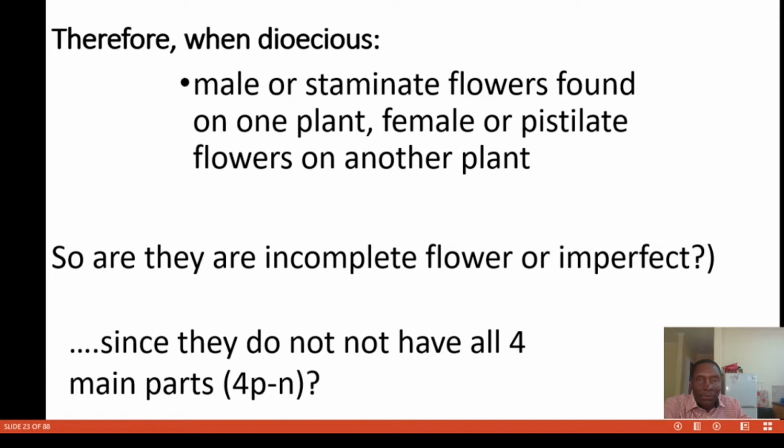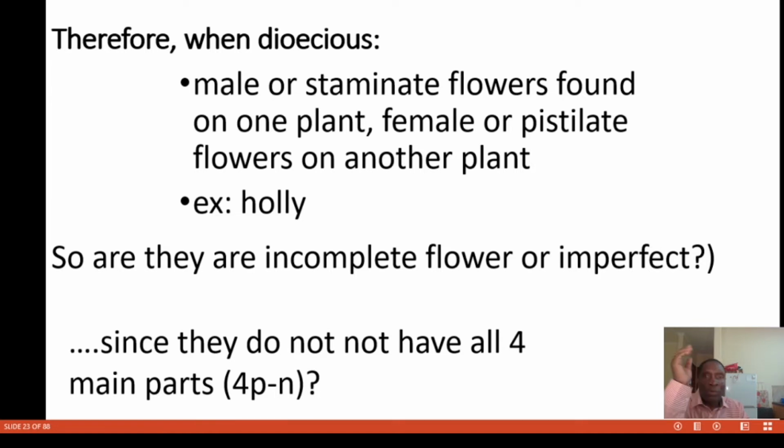But we are dealing with plants. So we have terms which are defined as incomplete flower or imperfect flower. So is a complete flower an imperfect flower? I leave it to you.